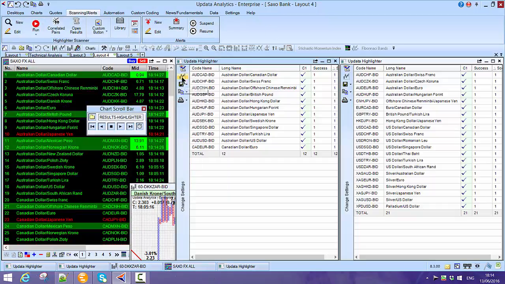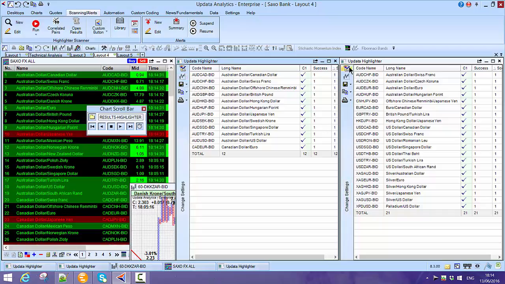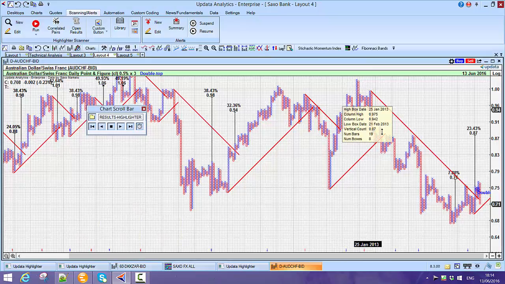But let's have a look at some scans that I've already run. So this one here is FX where we've got more than 20% upside on the daily chart.